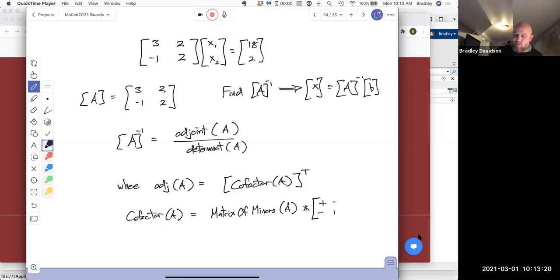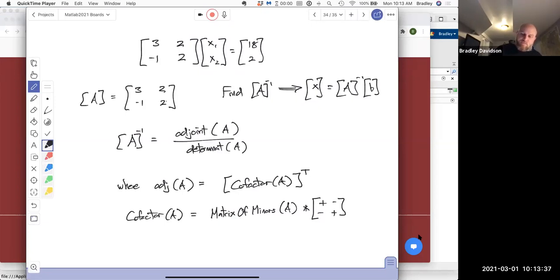That's about the best way I can put it. Okay, so let's get into what the matrix of minors is in this case.